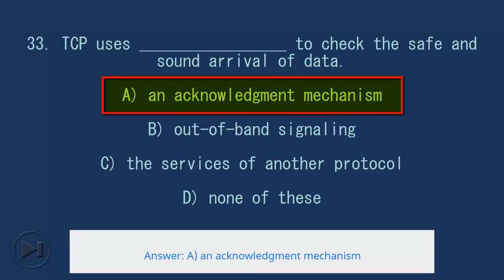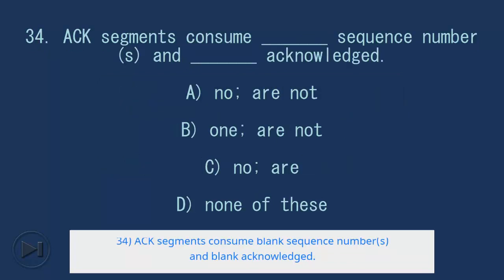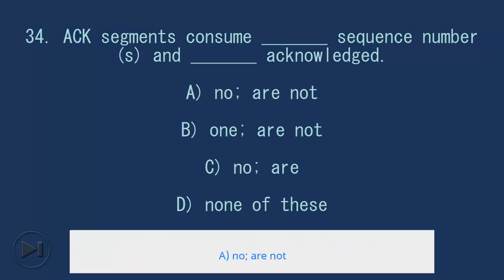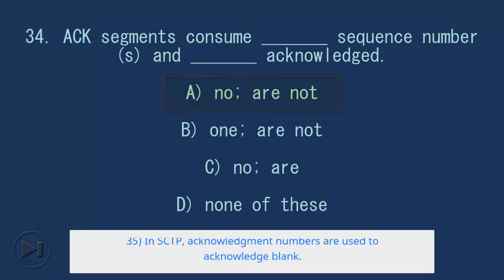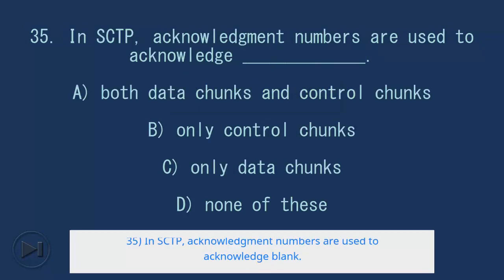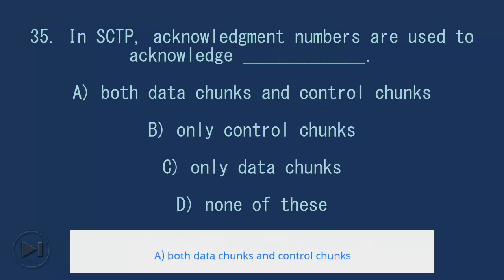An acknowledgment mechanism. 34. ACK segments consume blank sequence number, S, and blank acknowledged. A. No, are not. B. 1, are not. C. No, are. D. None of these. Answer, A. No, are not. 35. In SCTP, acknowledgement numbers are used to acknowledge blank. A. Both data chunks and control chunks.